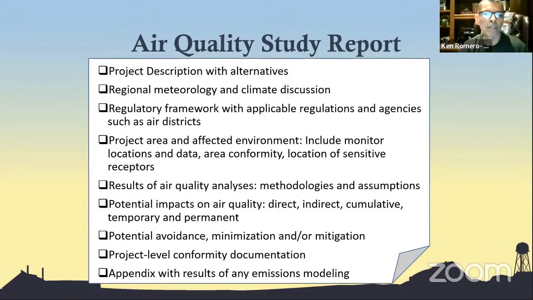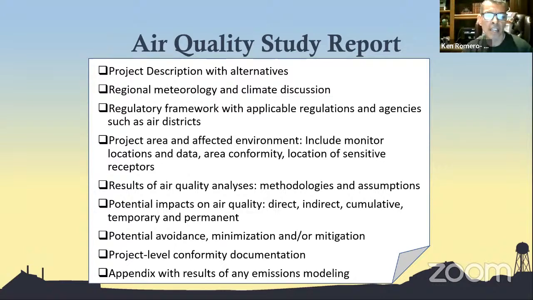We also do an interim year, such as an open to traffic year, that are relevant to air quality analysis. The project description should include a brief description of the alternatives under consideration. Make sure it is consistent with the environmental document.